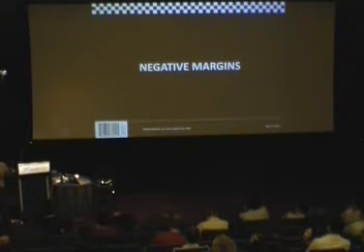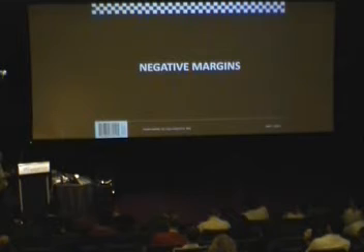But there are ways in which we can use some of the things that we've been doing before, floats as well, we'll come back to those. Things like positioning and use of margins to create some really interesting effects, and some of the stuff maybe that we don't see enough of on a regular basis. One of the things that I've been doing a lot more with recently are things like negative margins.